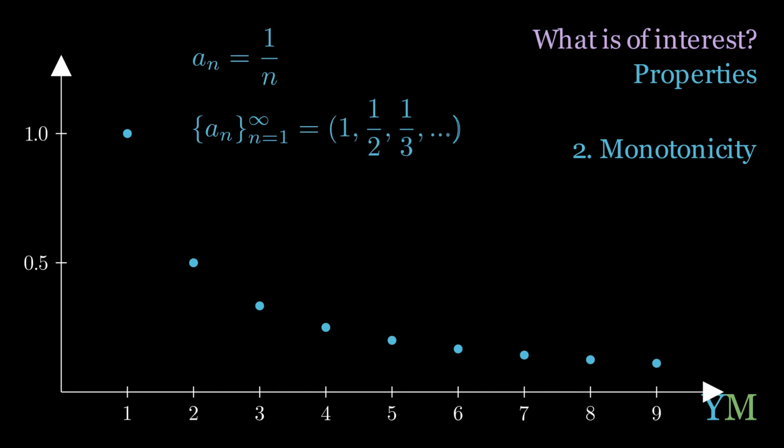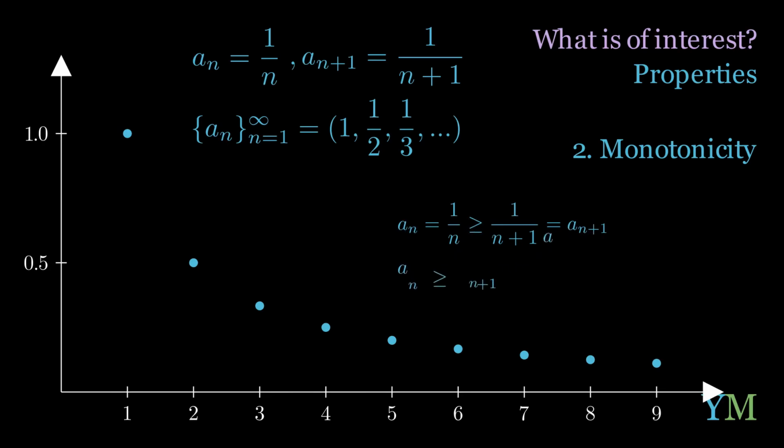The next one, a_(n+1), is going to be 1 over n plus 1, because that's how this sequence works. Now we notice algebraically that 1 over n plus 1 is always smaller than 1 over n. If we notice that, and we know that 1 over n is a_n, and 1 over n plus 1 is a_(n+1), we immediately receive the result that a_n is always greater or equal, but in this case it's greater, than a_(n+1).